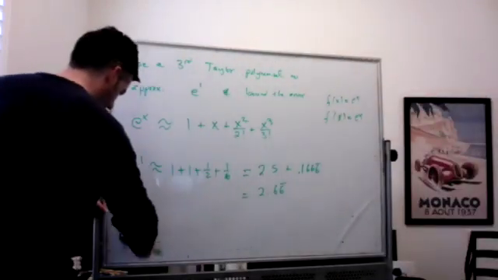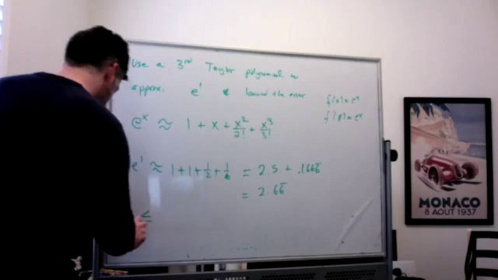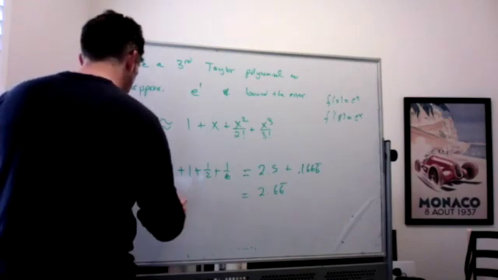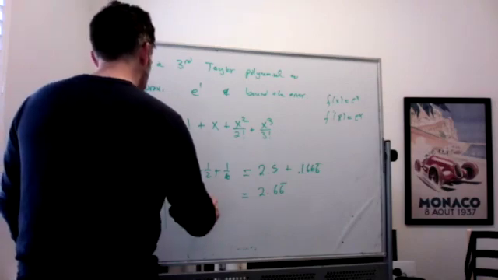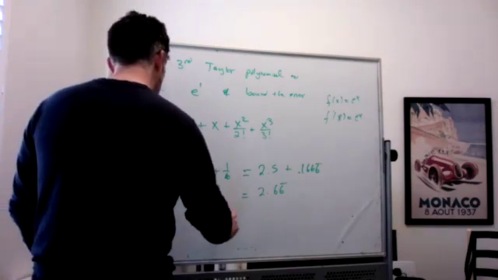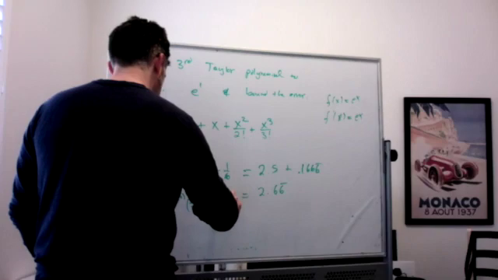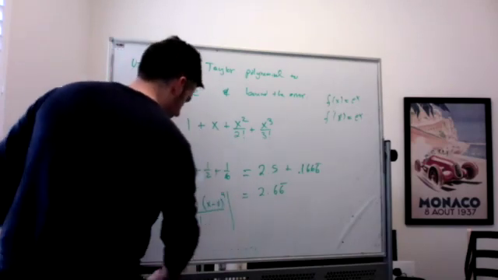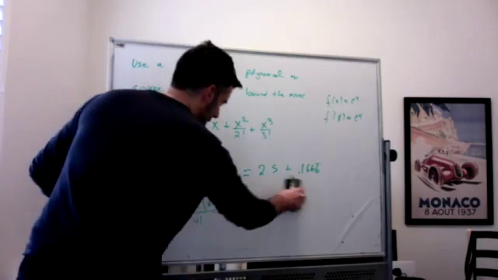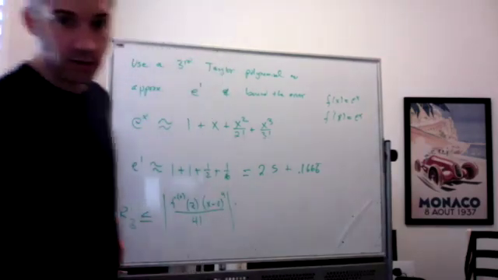So we're looking at R3, which is going to be the fourth derivative at z times x minus the center to the nth power, which is 4, all over 4 factorial. So that's going to be our error bound.